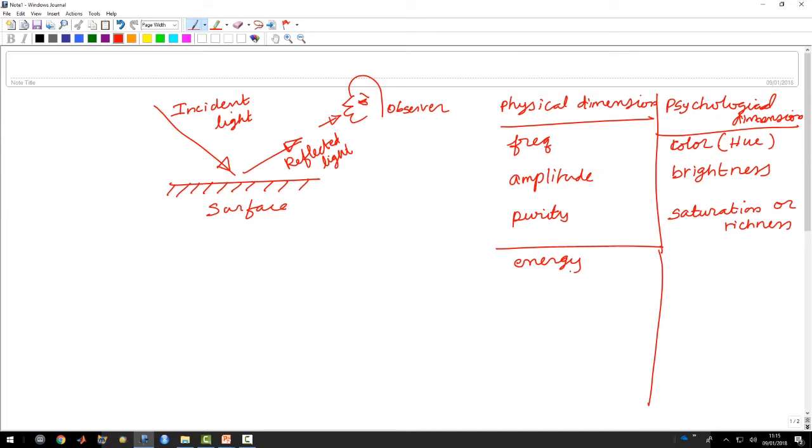That is what we usually call light. Then luminous flux, which we call the power of the light.